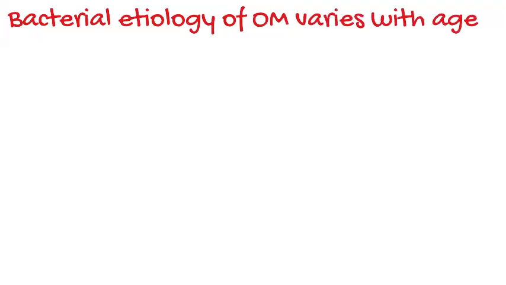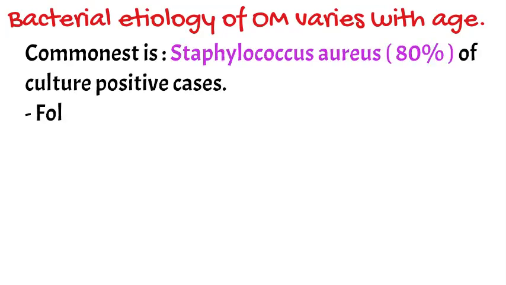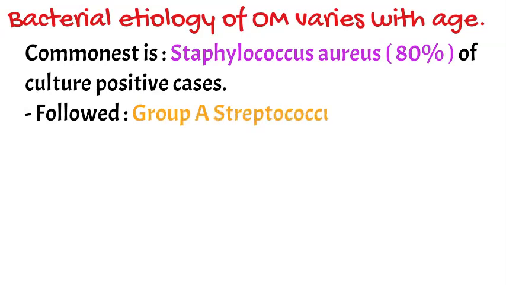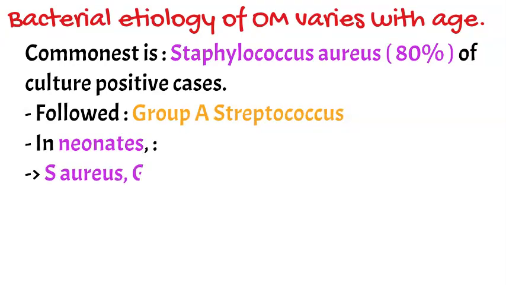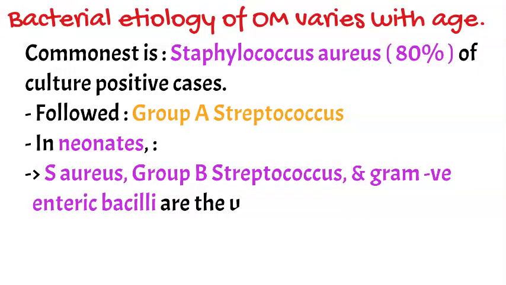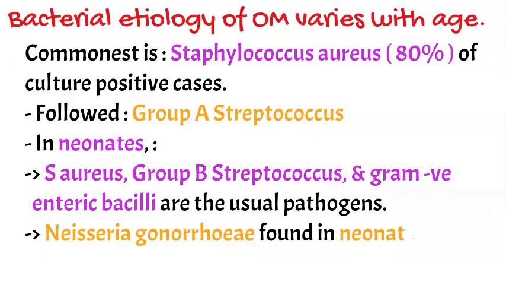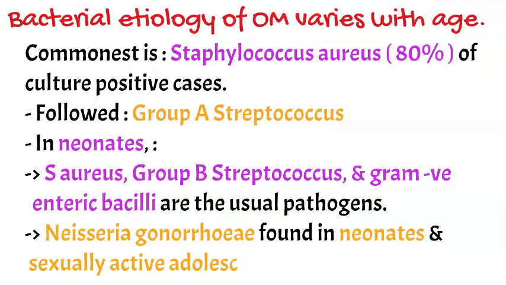Bacterial etiology of osteomyelitis varies with age. The commonest is Staphylococcus aureus, 80% of the culture-positive cases. This is followed by Group A Streptococcus. In neonates, Staphylococcus aureus, Group B Streptococcus, and gram-negative enteric bacilli are the usual pathogens.